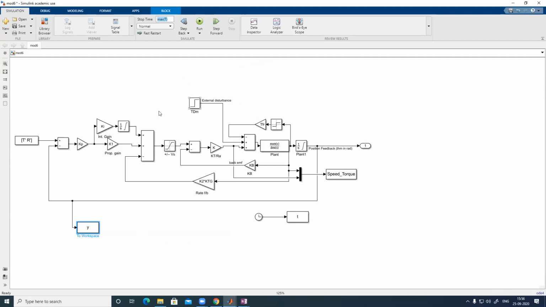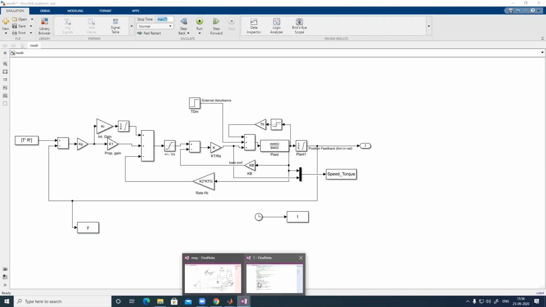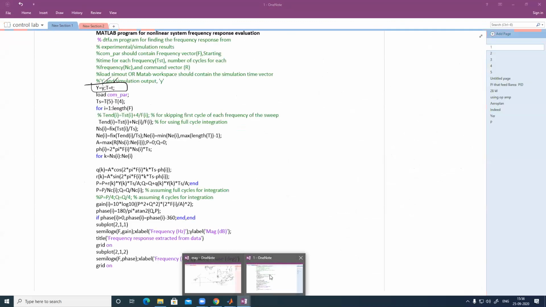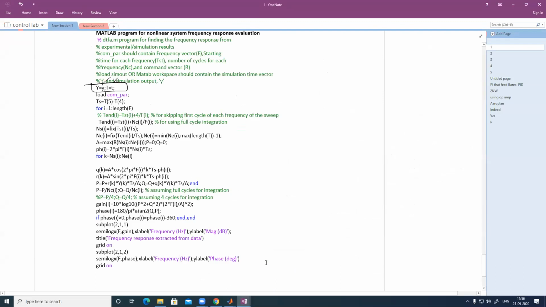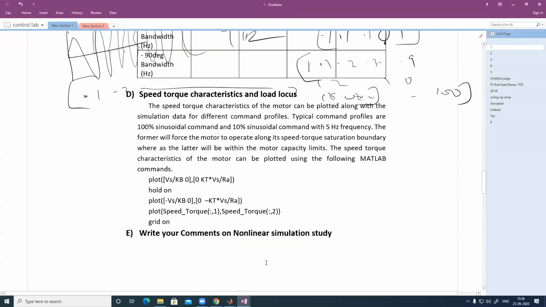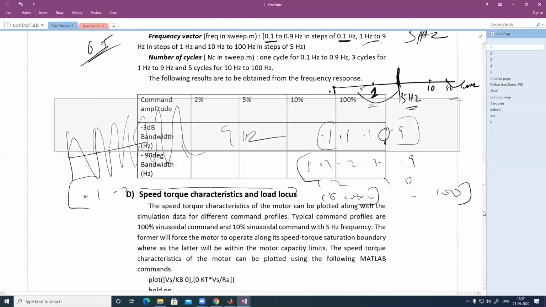Sir, what is the meaning of bandwidth? Here also you have used the term bandwidth. We are already specifying the theta h limit, so why again the bandwidth? We are applying within that only, no? Yes, you are applying that, and you are measuring whether you are getting it or not.